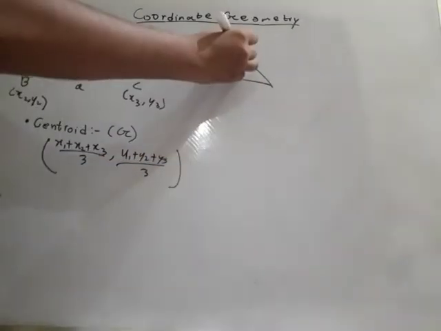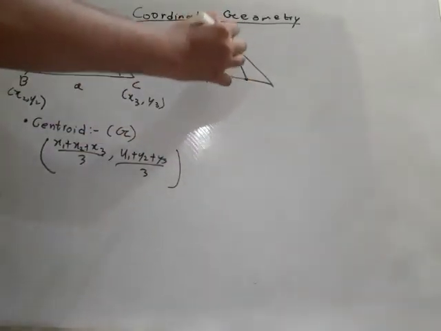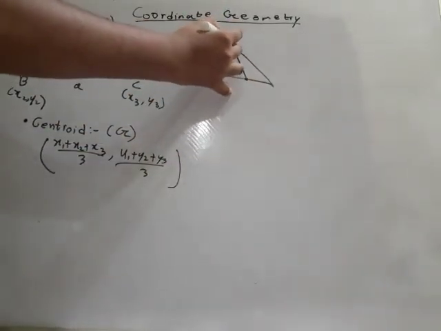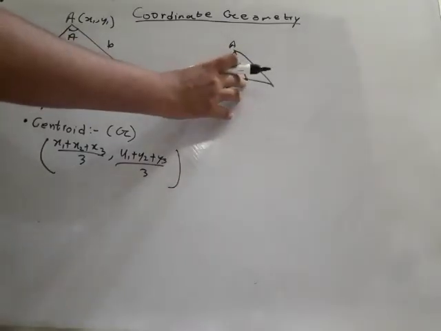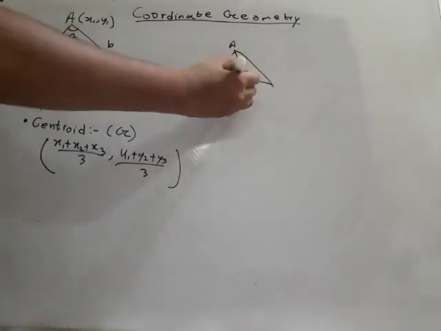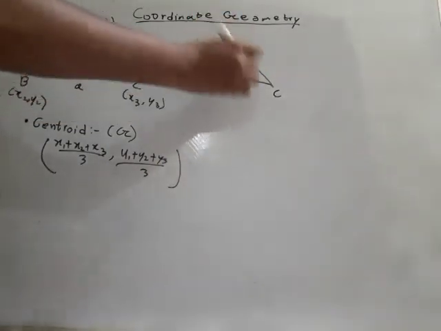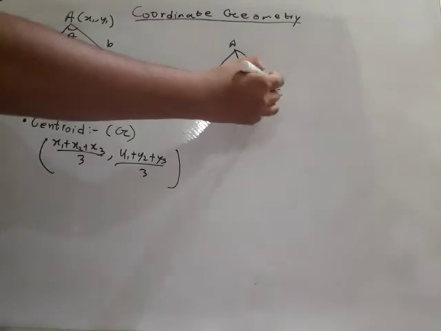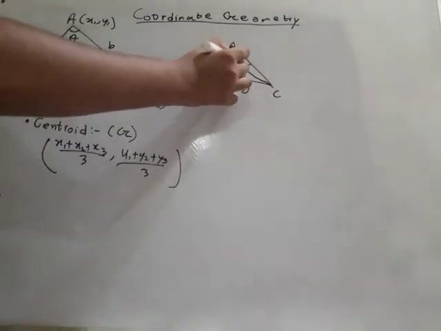Centroid is the point of intersection of medians. What is a median? Median is the line joining one vertex with the midpoint of the opposite side. So if this is the midpoint of BC, and AD is the median, one median. So there are three medians, and this is G.